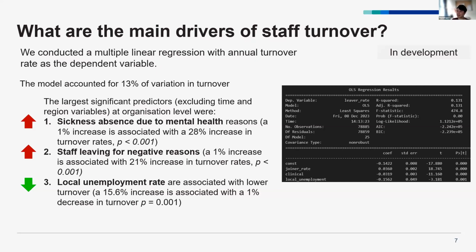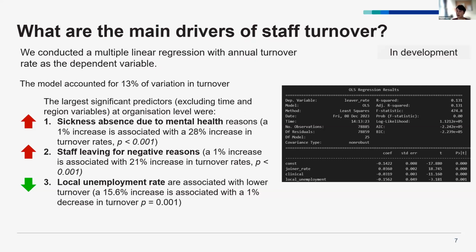So when we did this model, it accounted for 13% of the variation in turnover, and the main drivers coming out were organisations with sickness absence due to mental health tended to have higher turnover rates, where a 1% increase in sickness absence due to mental health was associated with a 28% increase in turnover rates.